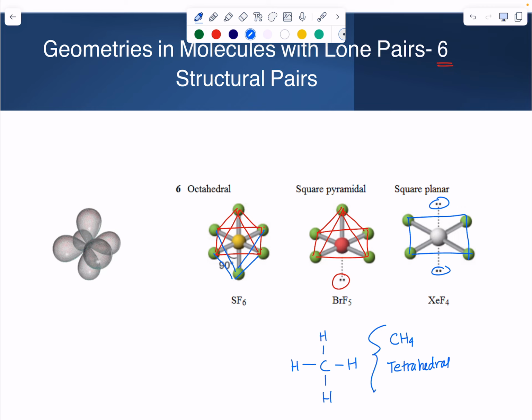But if we look at XeF4, xenon tetrafluoride, what we have is, because the xenon has these two lone pairs, and it's down lower below the third row, so it can have that expanded valence, right?